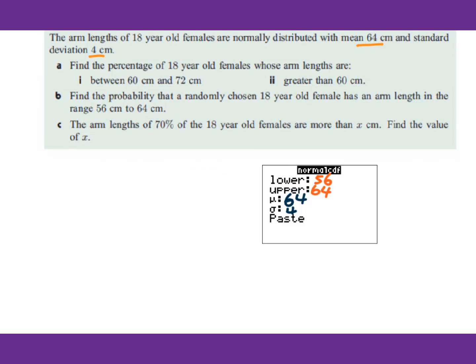The arm length of 70% of 18-year-old females is more than x centimeters. Find the value of x. According to C, we know the probability, with capital X this time, X greater than lowercase x equals 0.70. That's 70%. So we have to use inverse norm this time.